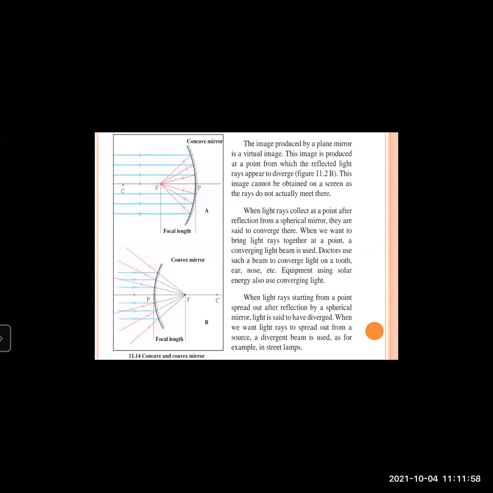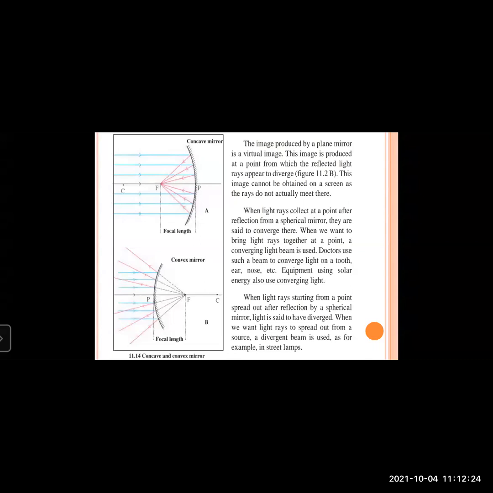Equipment using solar energy also uses converging light. When light rays starting from a point spread out after reflection by a spherical mirror, light is said to be diverged. When we want light rays to spread out from a source, a divergent beam is used, for example a street light.